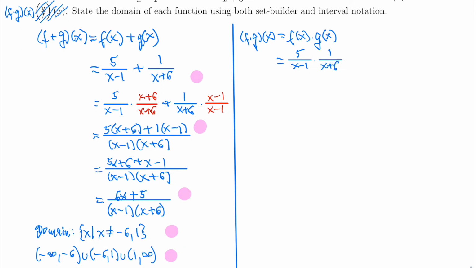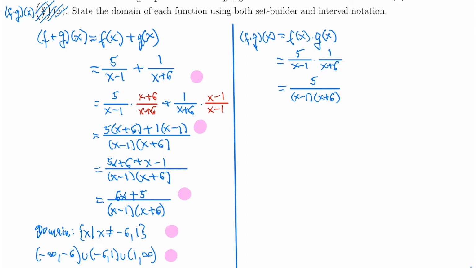Multiplication of fractions is a lot quicker. We just multiply the numerators and we multiply the denominators, and we get 5 over x minus 1 times x plus 6. And again we just leave our denominator in factored form, and sometimes if you have a more complicated numerator you might be able to factor something out that lets you cancel with the denominator.